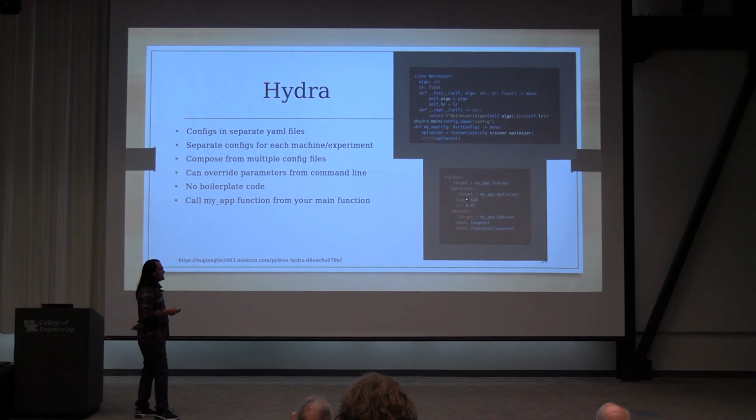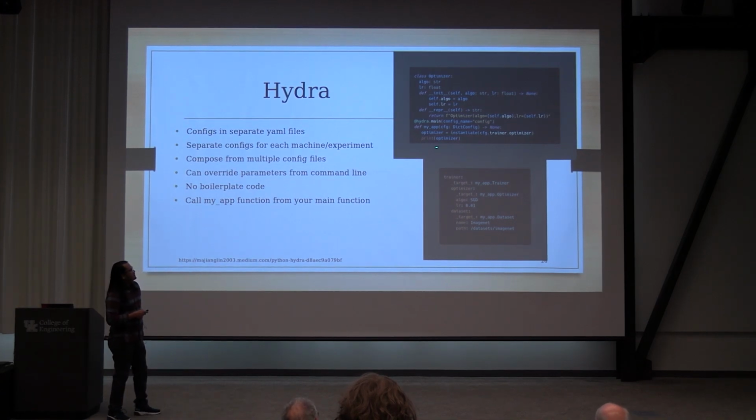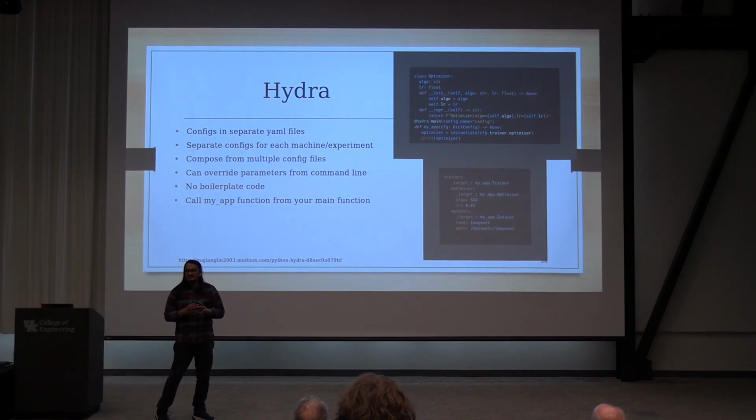That optimizer will have some information related to that trainer, and then some information about the dataset and all those things. And in your code, you will get a dictionary, and that dictionary will have all the properties that you have. So you don't have to write any extra code to parse those arguments.